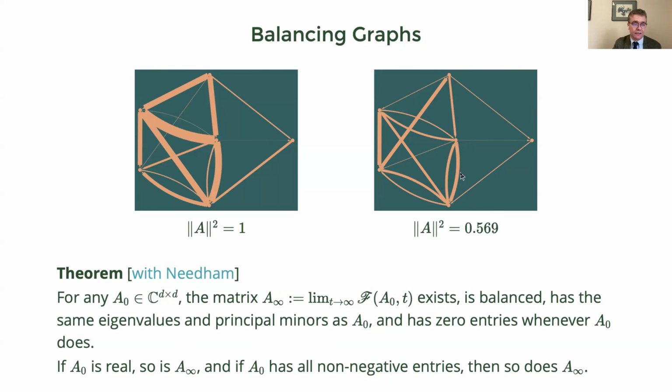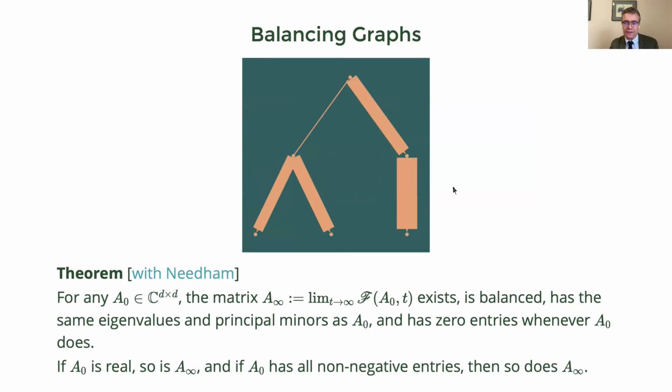Again, if you're thinking of a traffic network or a sewer network, this is probably not so great, because you're getting rid of some of the mass in the system. You probably would like to preserve the total mass. And this gets even more egregious if you have a tree, because what happens is all the weights just go to 0.